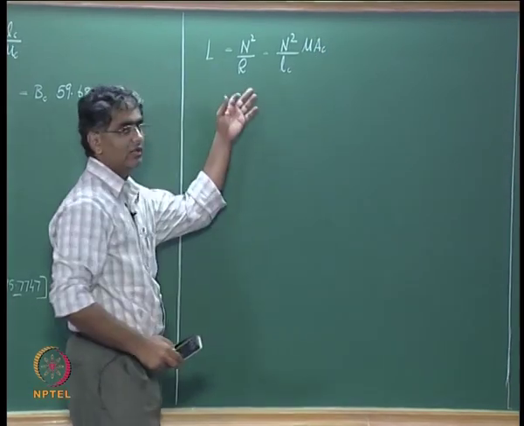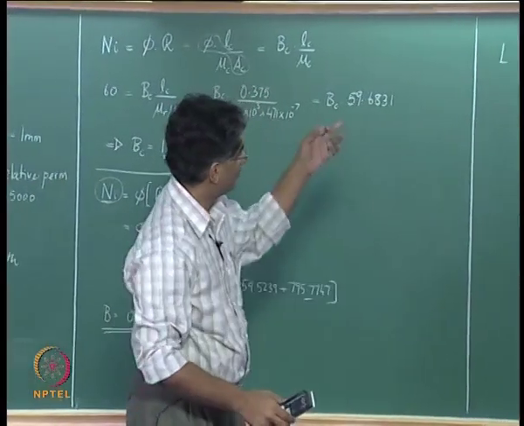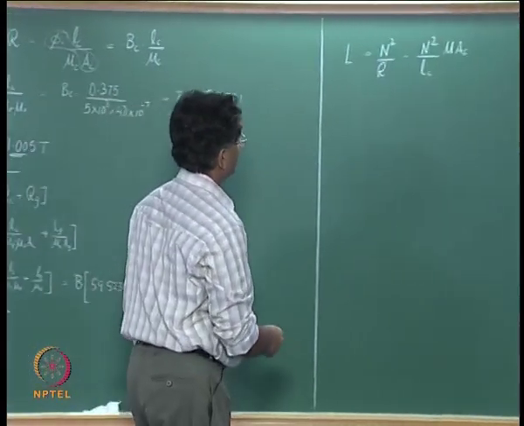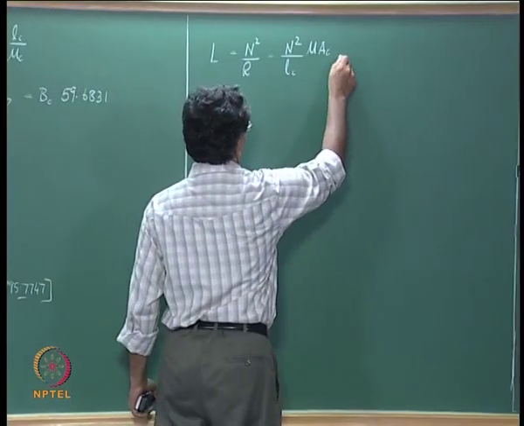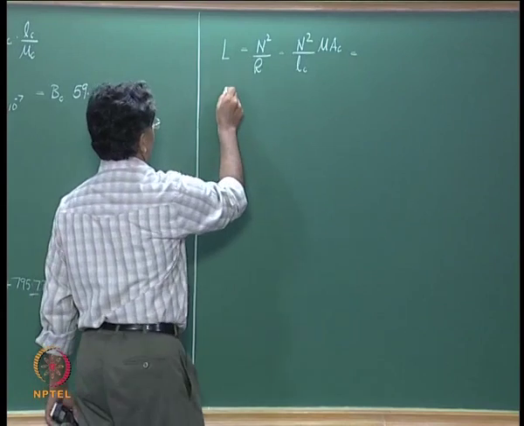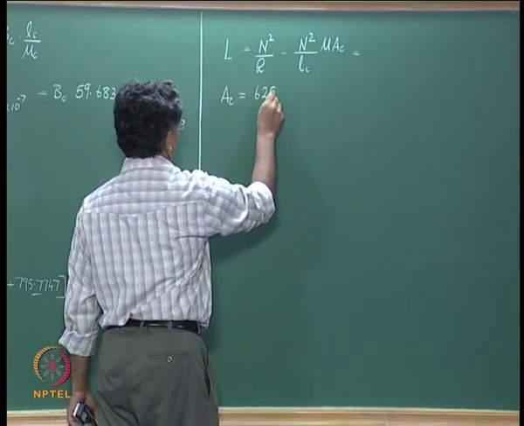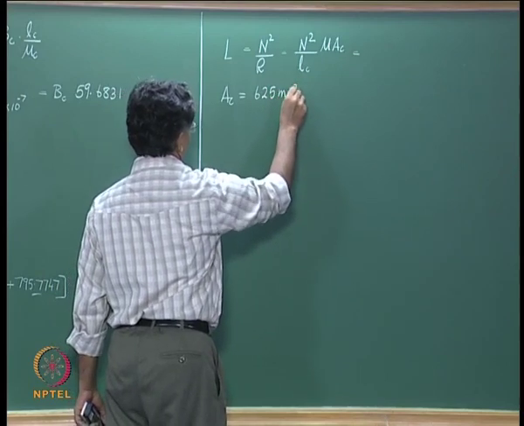This is for the case where there is no air gap. If there is an air gap, we will have to add that. So first let us look at the case without the air gap, and let us say that the area of the core is 625 millimeter square.